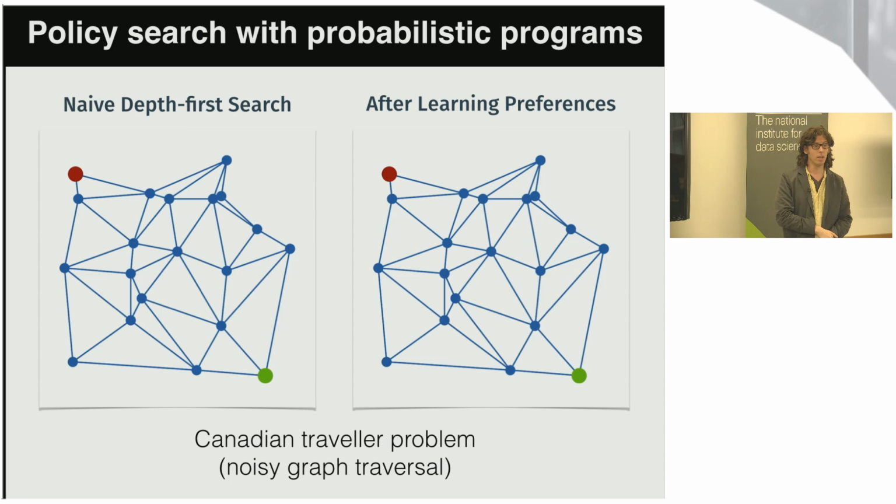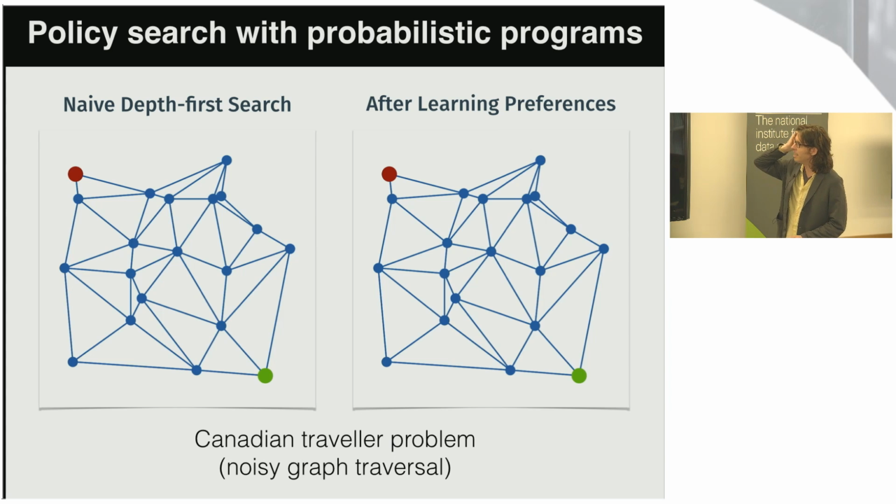What you don't know is which roads may be closed. So when you get to any intersection, you can see, oh man, this road is snowed over and you can't pass. So this is why it's called the Canadian traveler problem. Though people from Canada tell me that this is ridiculous because Canada has very good snow clearance. So it's more like an issue with, I don't know, the American and winter traveler problem.